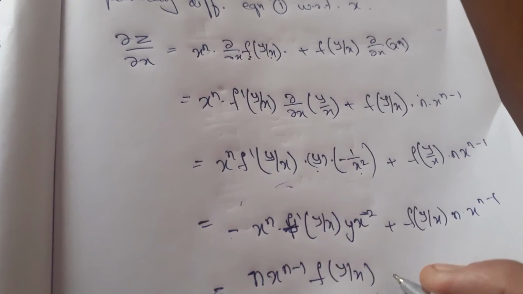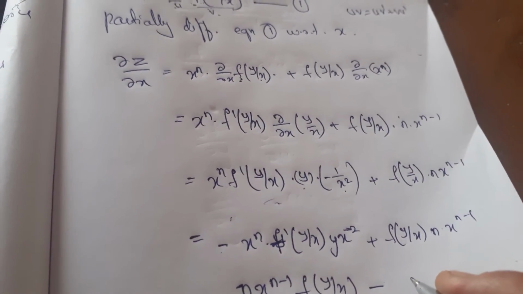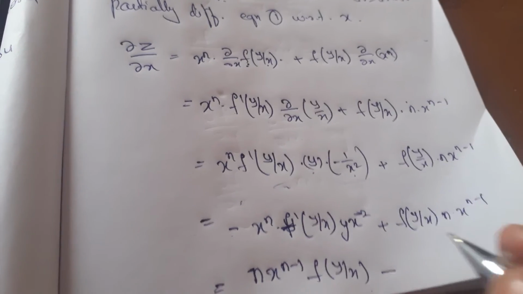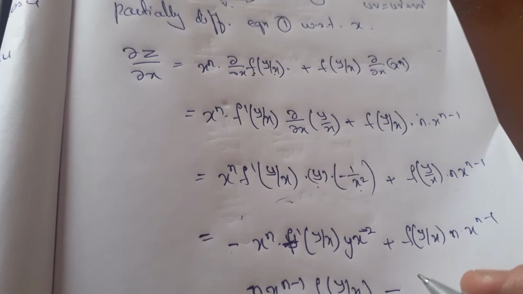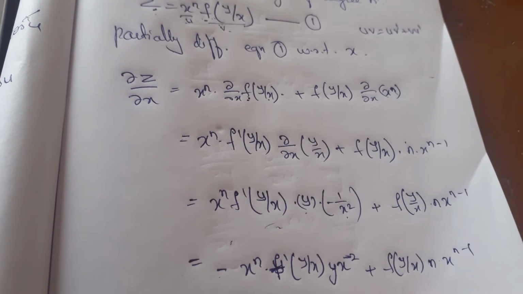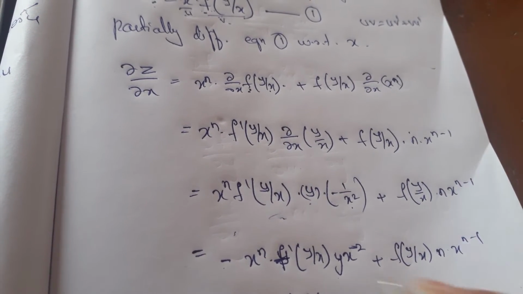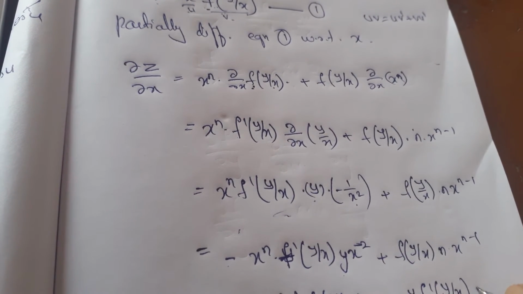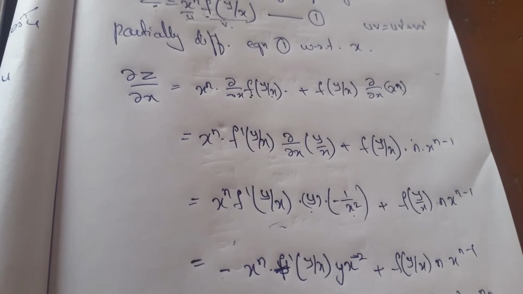Now this term is minus, so it becomes minus y, this y comes in front, f dash of y by x, x power n minus 2.